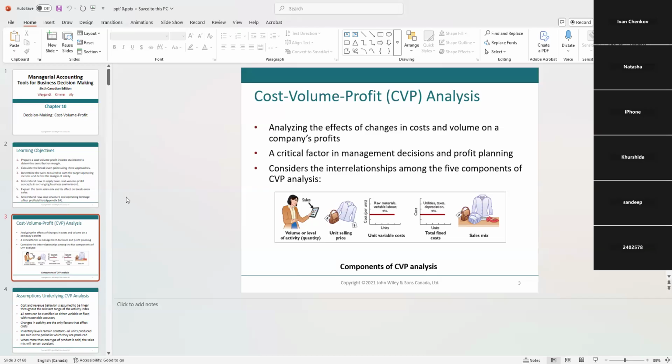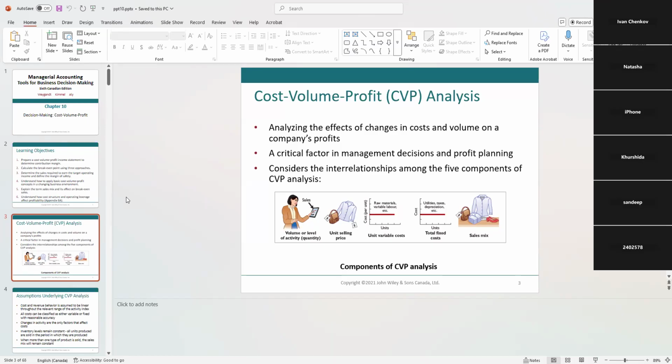In order to do this analysis, we're going to consider the interrelations or interaction between 5 components. First one is the volume of activity or volume of sales, selling price, and the 2 costs, but we're going to split them only into variable and fixed.